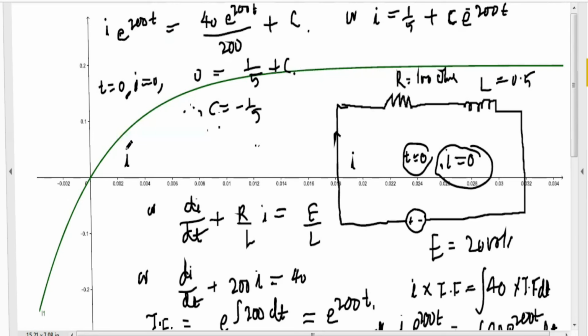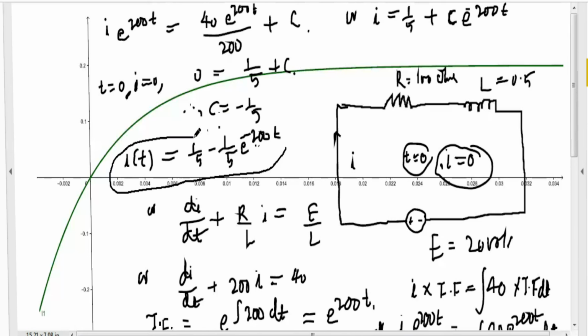So the current I depending on t equals 1 by 5 minus 1 by 5 e to the power minus 200t. This is the solution current which depends on t.